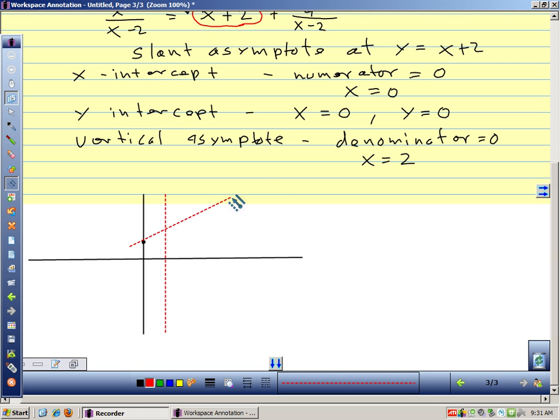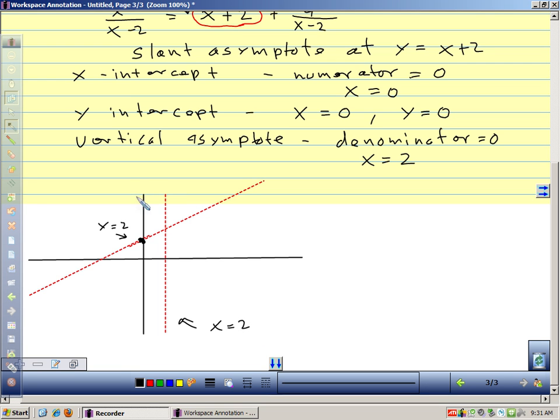But my line is going to look something like that. And that's at y equals 2, and this line is x equals 2. That's the y-intercept of this line. If we look at y equals mx plus b, b is 2, so that's where it crosses the y-axis. And then the slope is 1, so I sketched a graph with a slope of 1.